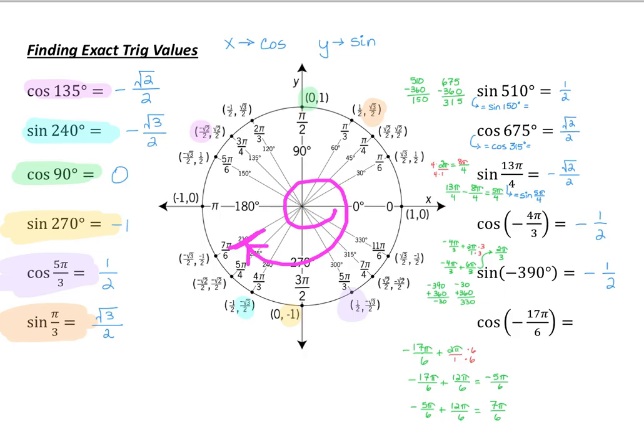Or you can do what I just did in green and repetitively add 2 pi, which is the same as 12 pi over 6, and get to a positive angle or a negative angle that you are better at drawing. But either way, you're looking specifically at this point right here, and you're saying, okay, I know that cosine is the x value of these points, and so cosine is going to be negative radical 3 over 2.